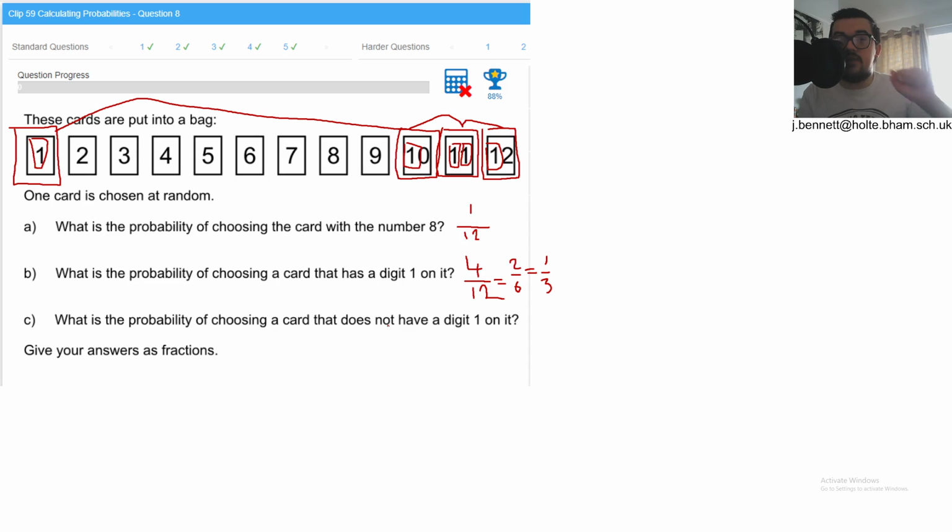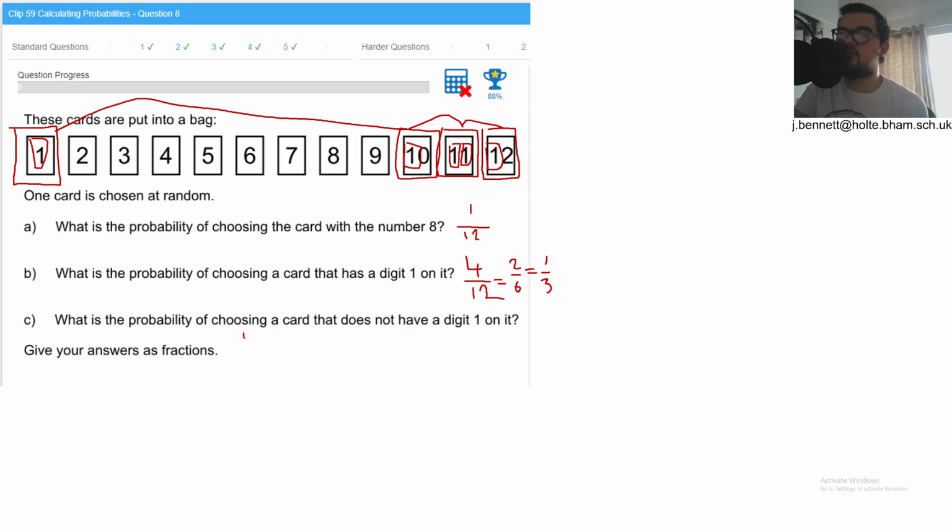It has to be either yes or no, A or B. It can't have a digit 1 and not have a digit 1 on it. In our case, when we add them together it becomes 1, because a probability of 1 means that it has to happen. It has to either have a digit 1 or not have a digit 1 on it.